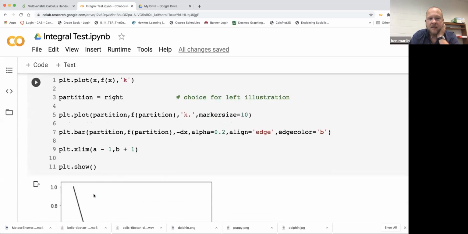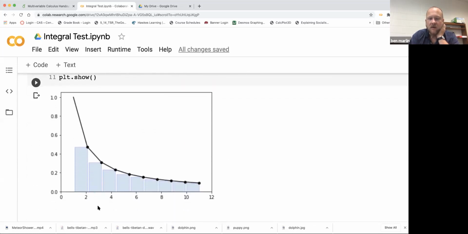Along the same lines, I could look at the right endpoints, and I would have an area that is less than the area under the graph.